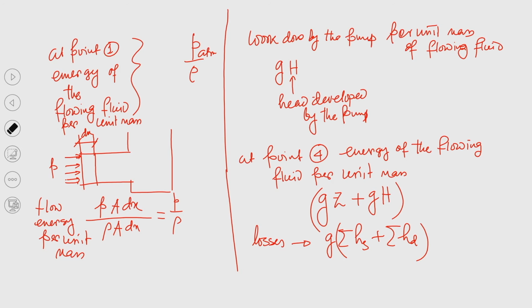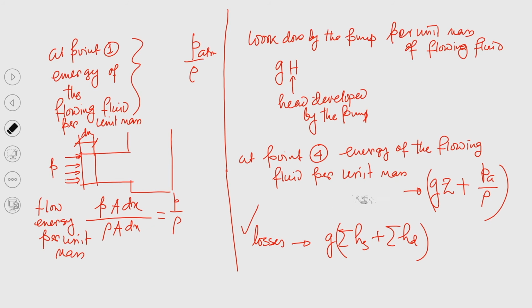So, if we just sum up, we can write here losses, and the energy at point 4 we can write like this: G into Z plus P A by rho. See, the question is the energy of the flowing fluid per unit mass at point 4.